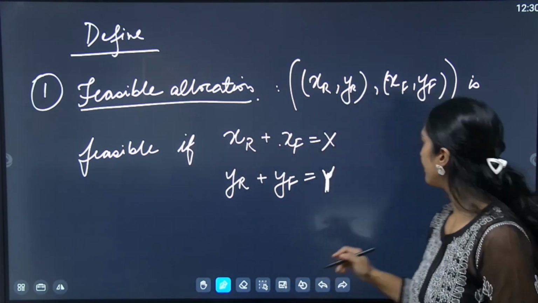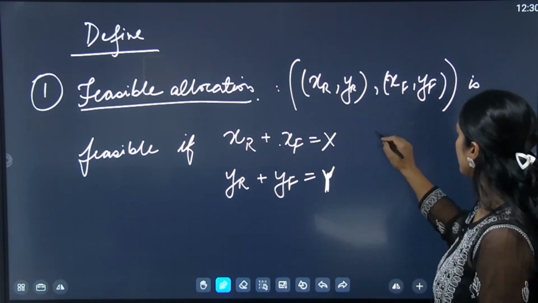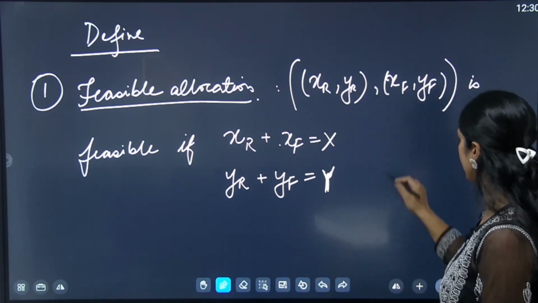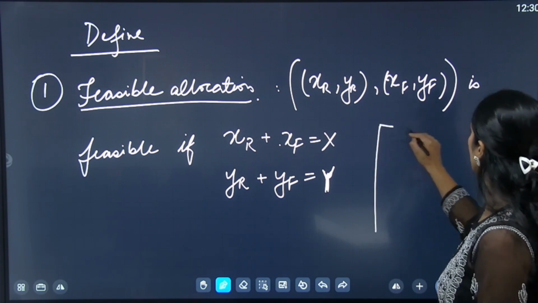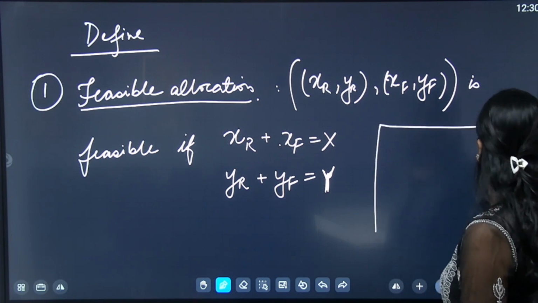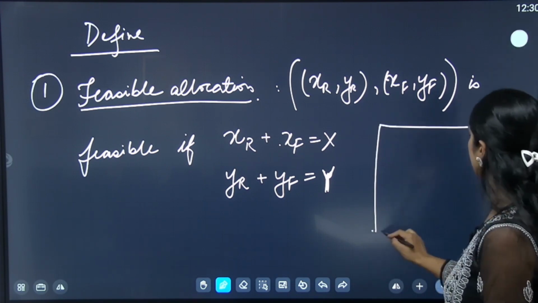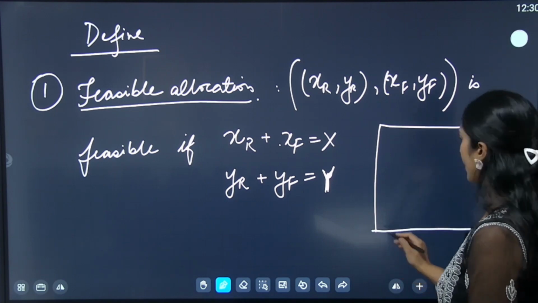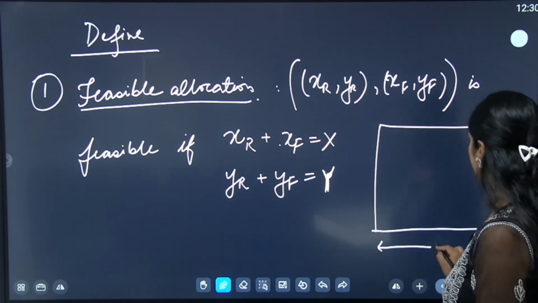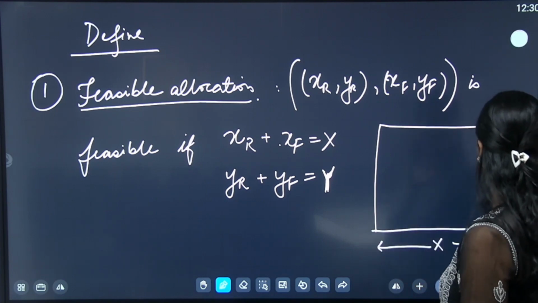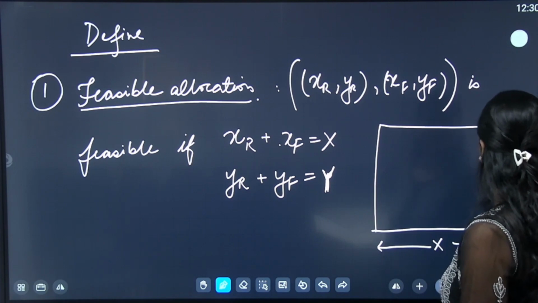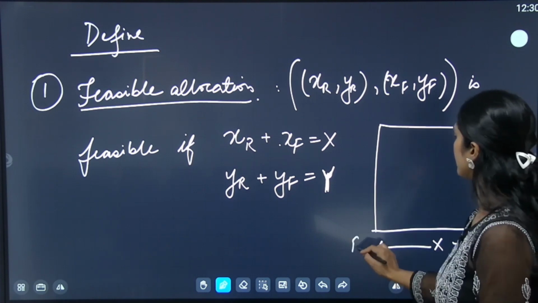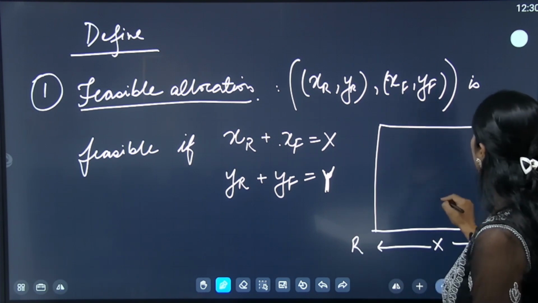Okay. When we use an Edgeworth box to denote things like this, consider two examples. Suppose this is one case. Again, this is X and this is Y. This is Rahul and this is Fiza. Suppose there's an allocation like this.